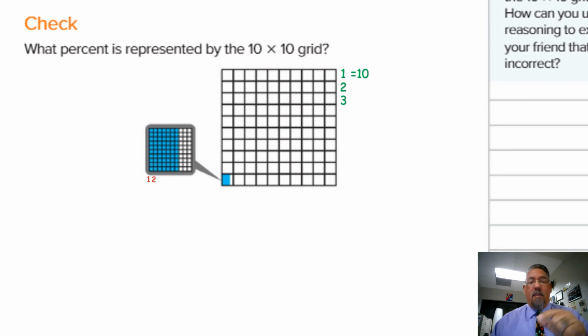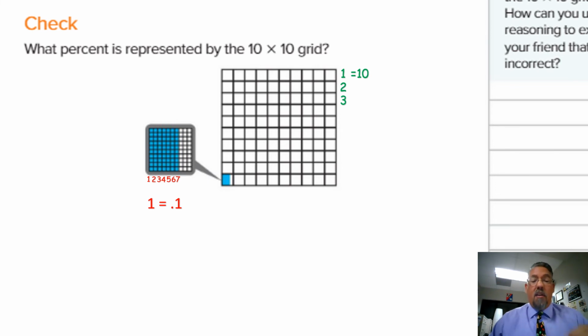Well, when I look at these and I start counting them, I need to realize that they're not worth 10. They're worth 1/10, right? So the first column is worth 1/10. The second column is worth 1/10. The third column is worth 1/10, because we're comparing it out of the entire whole grid.